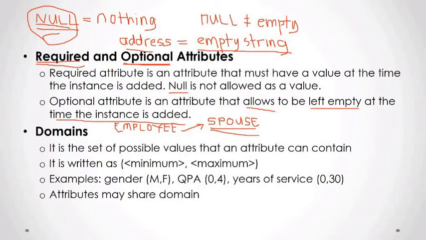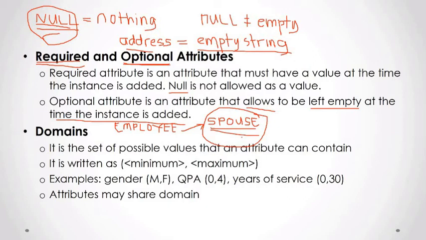So for this particular attribute, if the employee is single, then that employee has no spouse. But if that employee is married, then obviously there is one. Which means that this particular attribute is not always filled up.